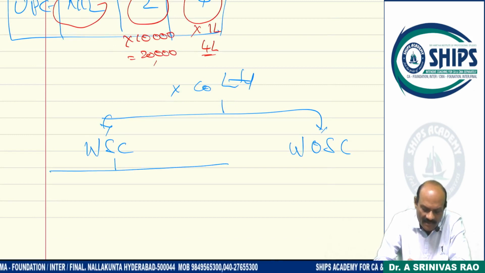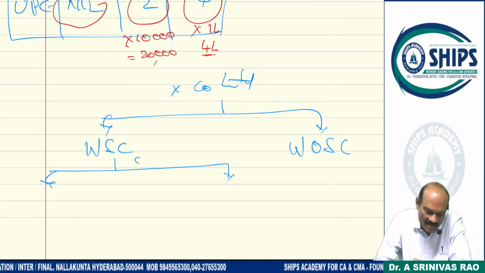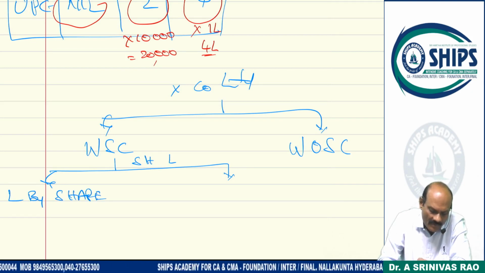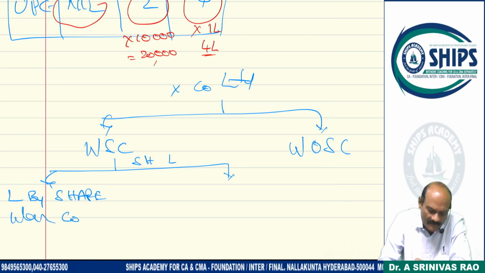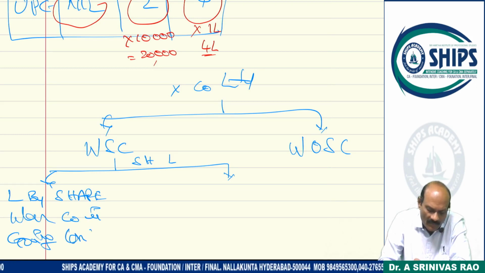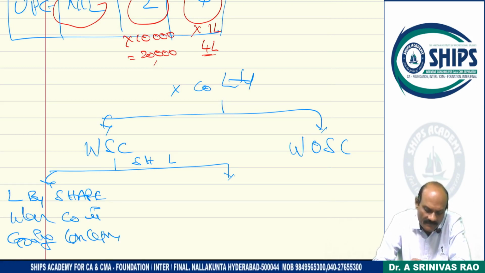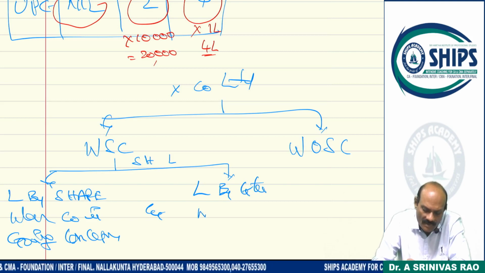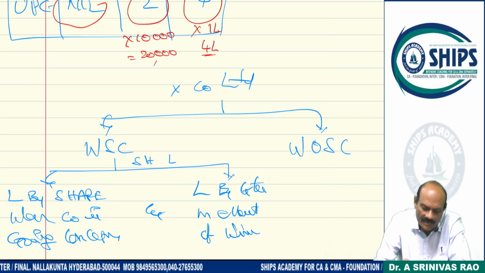With share capital, the shareholders' liability is limited by share when the company is a going concern, and limited by guarantee in the event of winding up of a company.